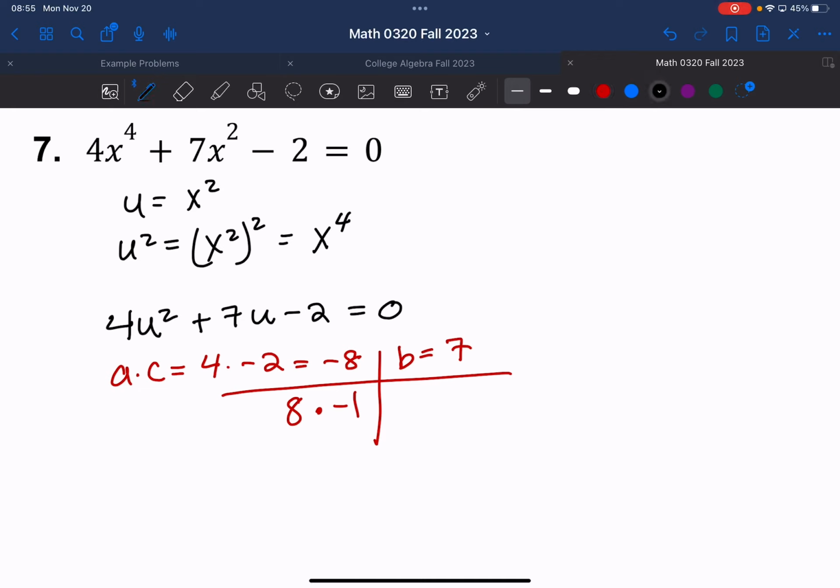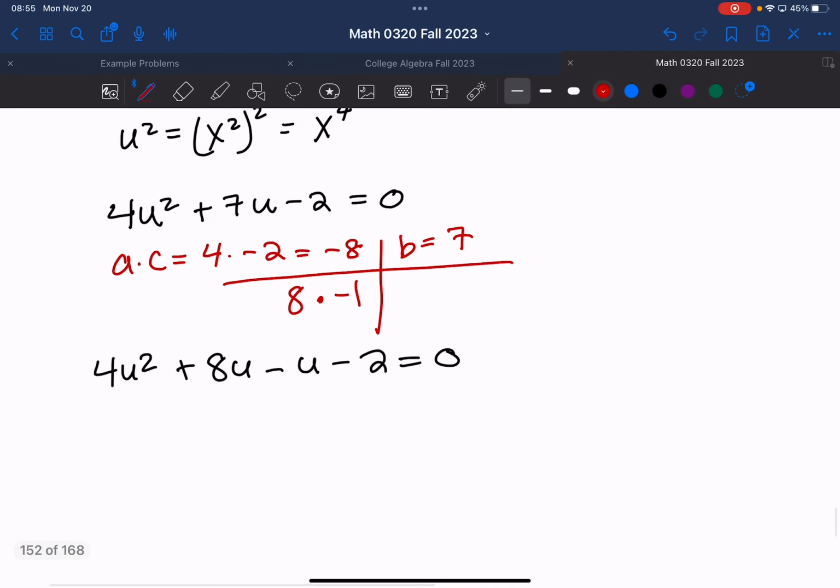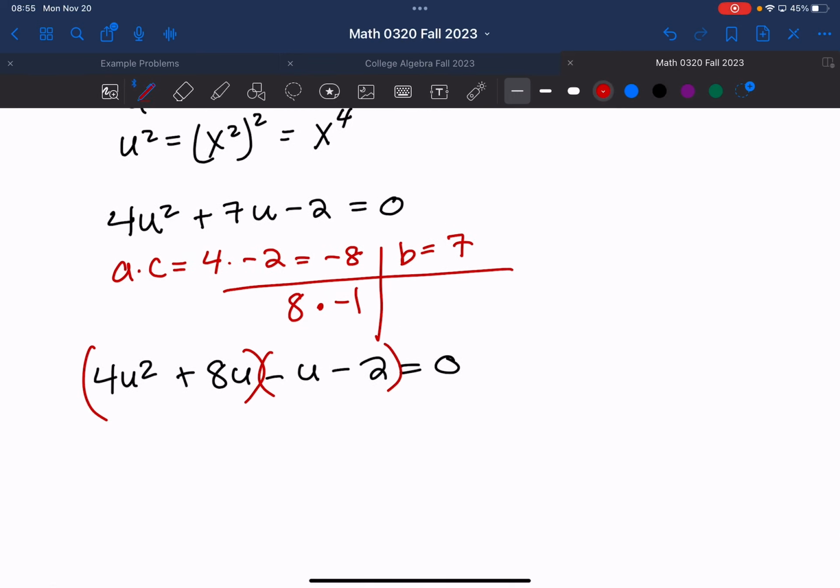So expanding my equation, I get 4u squared plus 8u minus u minus 2 equals 0. Do my factor by grouping. And what can I take out of the first parenthesis? 4u. A 4u.